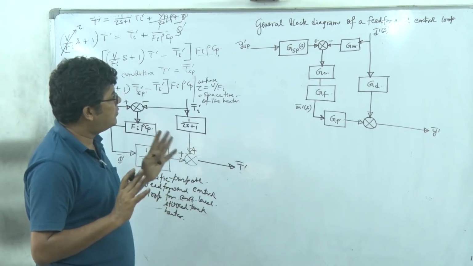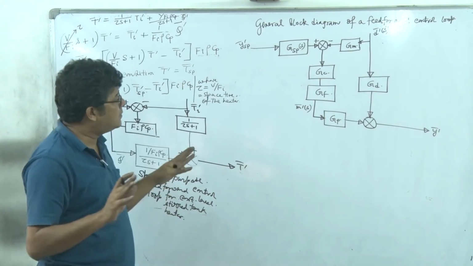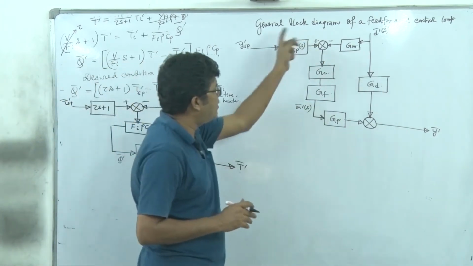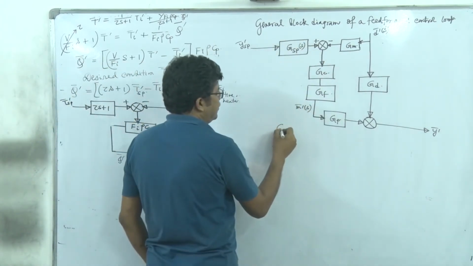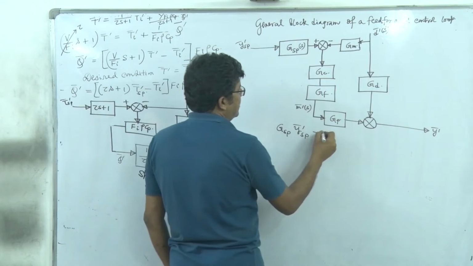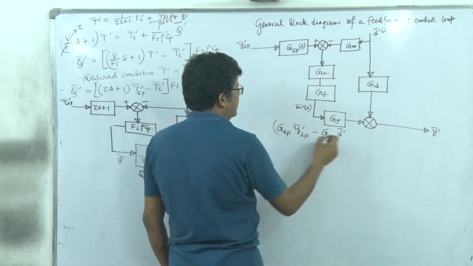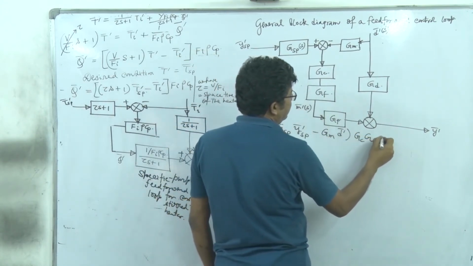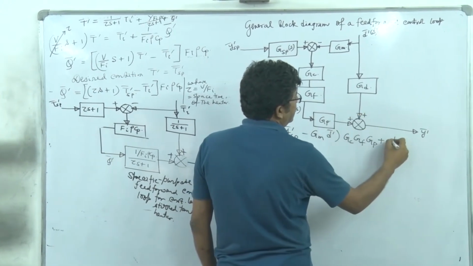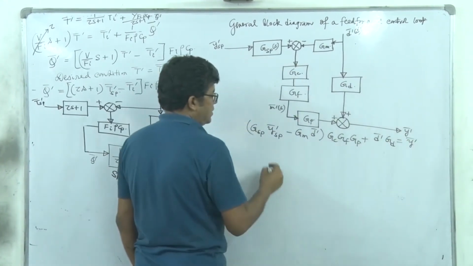Now here we have two inputs, one is the set point and another is the disturbance, just like feedback. So let's write Y prime as a function of YSP and D prime by simple block diagram simplification. You see, (GSP into YSP prime bar minus GM into D prime bar, this signal here) whole bracket into GC, GF, GP, and it is being added with D prime bar into GD, giving Y prime bar, correct?